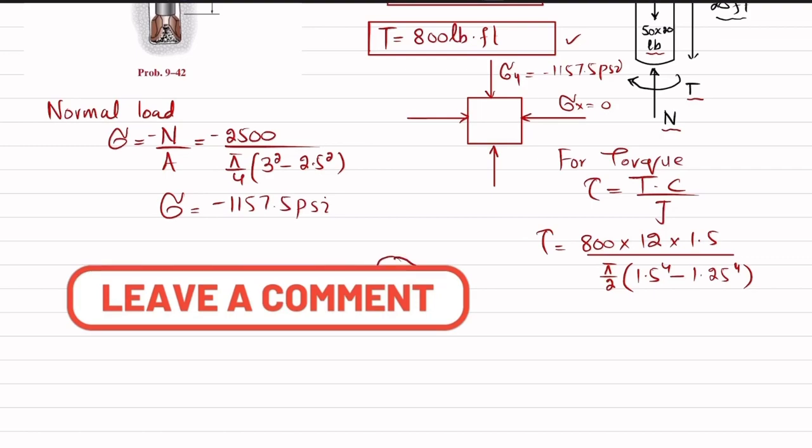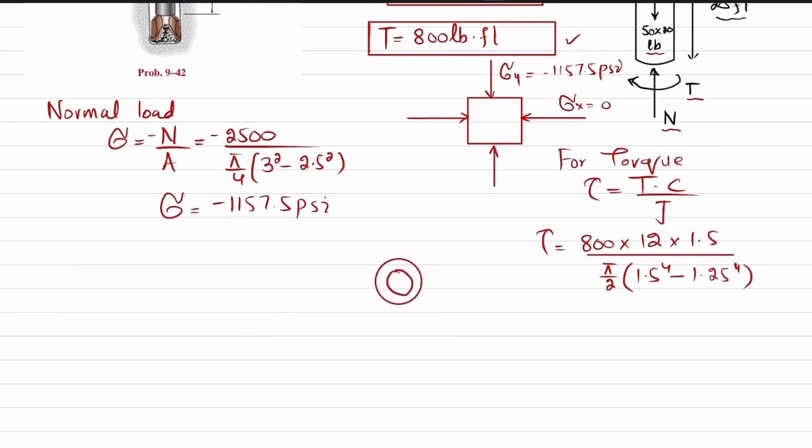So if this is the circular pipe, and this is the center, this is C outer, which is 1.5, and this is the thickness, which is given as 0.25. So C inner will be equal to C outer minus thickness. So C outer is 1.5 minus thickness 0.25 will be equal to 1.25 inch. Clear?